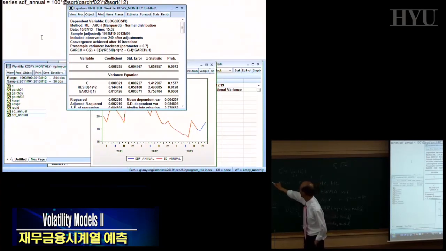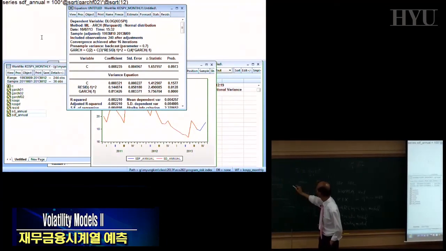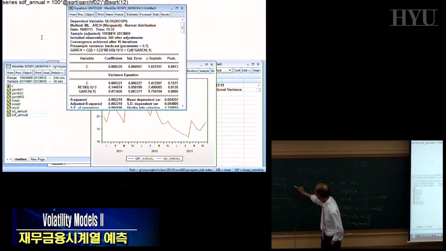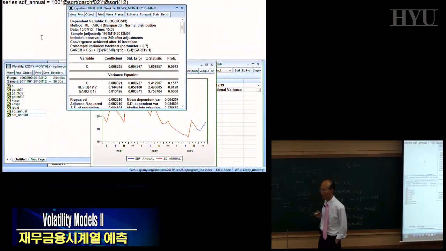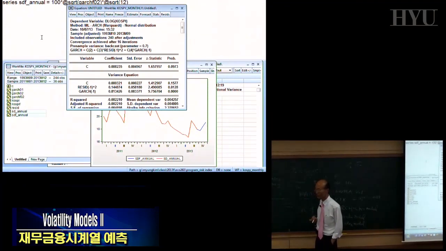So if you have a return with mean, say, 1%, and sigma is 0.5%, then one sigma variation means a 1.5% change. The same scale, right? But the variance is with the squared one.